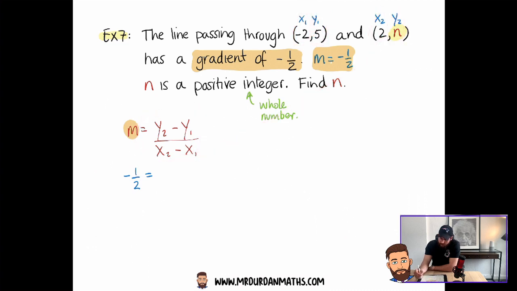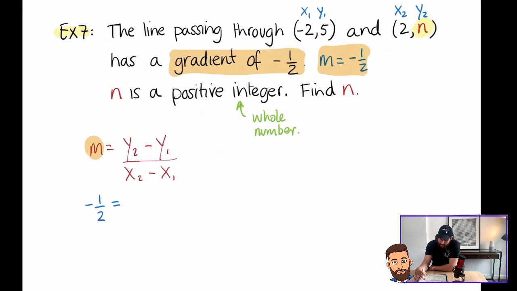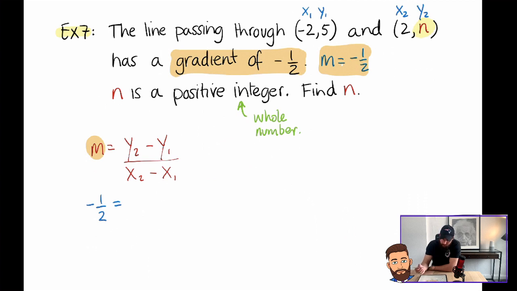What is y2? y2 is n. So, we don't know what that is, so I'm just going to write n. No idea what n is, but I know that the second y coordinate is actually n at this point, so I'm just going to call it n. Minus the first y coordinate. Well, the first y coordinate is 5, so I'm just going to bang in the 5 there.